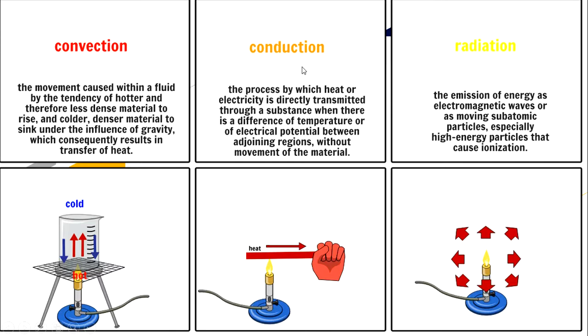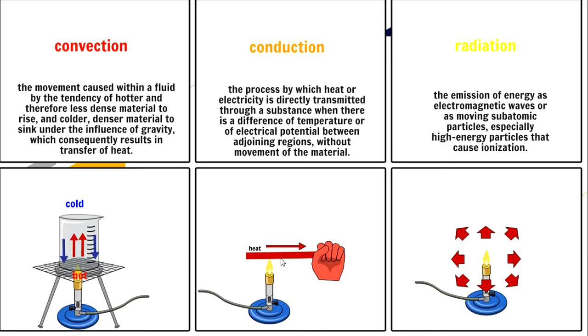Conduction is the movement of heat energy through direct contact, when there's a touch. This means that the two materials touch, or energy flows directly from one material to another. Conduction is the only way that heat energy can travel through solids.